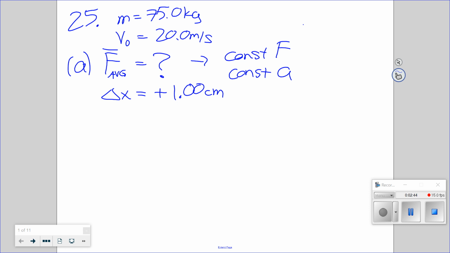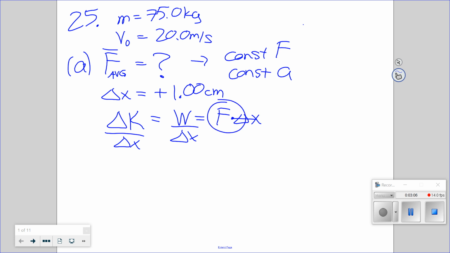Change in kinetic energy, you have one half m v squared, and that equals the work, which is your force times delta x. So the work that it does, you take your change in kinetic energy and divide by the displacement, and that will be your average force. And v final equals 0 because it stops.